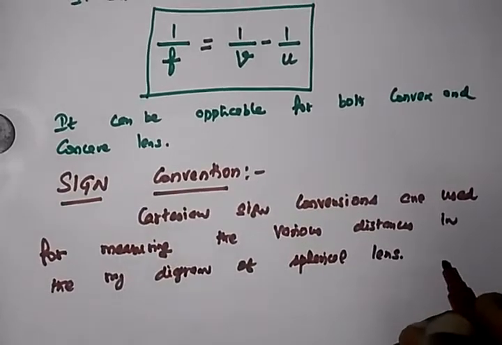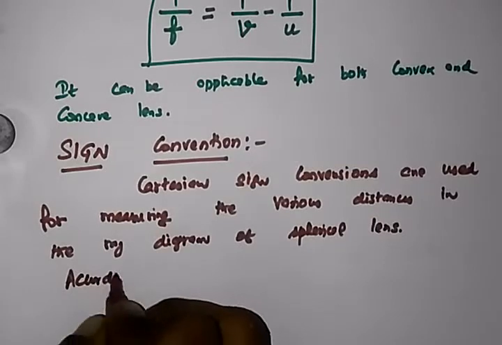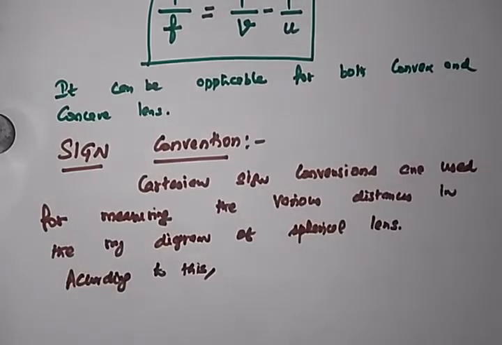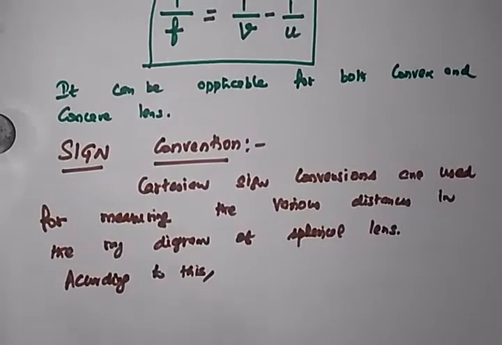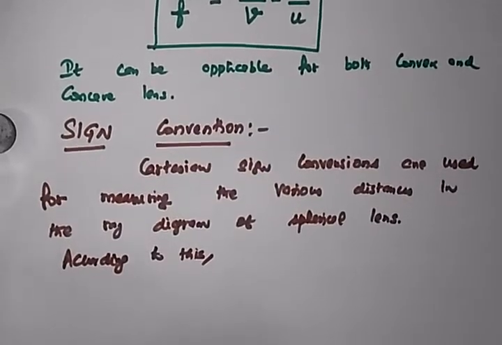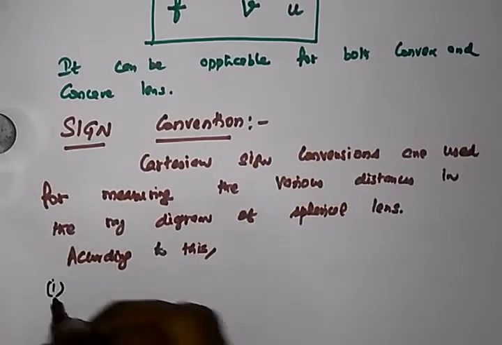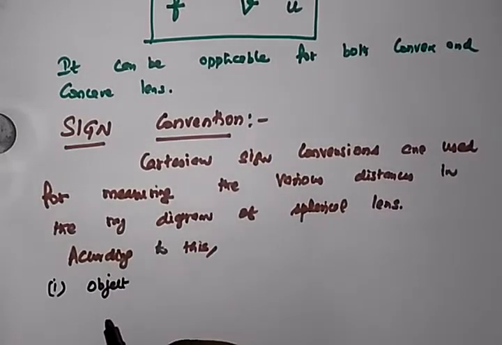So according to this, the objects are placed on the left side of the lens. So the first rule: where should the object be? It should always be on the left side of the lens.